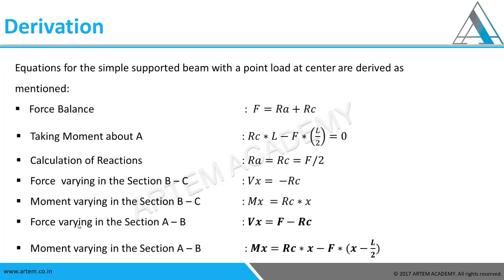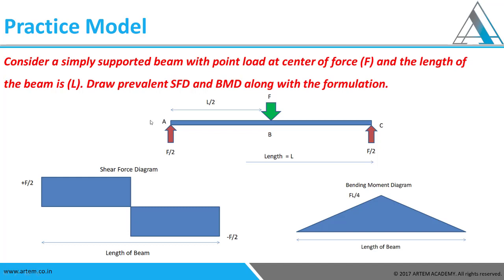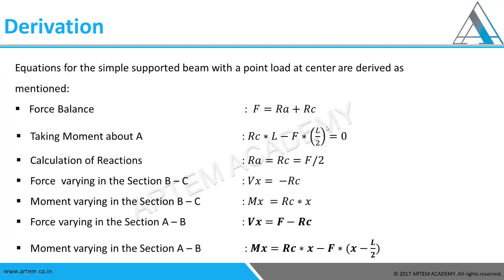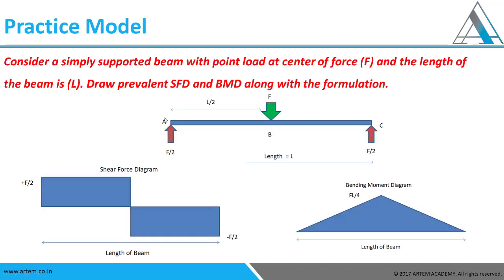Now talking about the derivation. Let's look at the derivation. There are two reaction forces at points A and C. If we go back, we see A and C are the two points where reaction is taking place. That's why we have taken RA and RC. And the other equation that we need is taking a moment about A. This is the section through which we would be taking the moment.